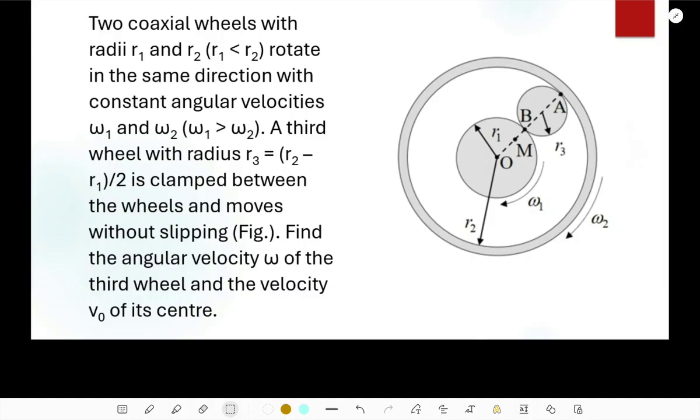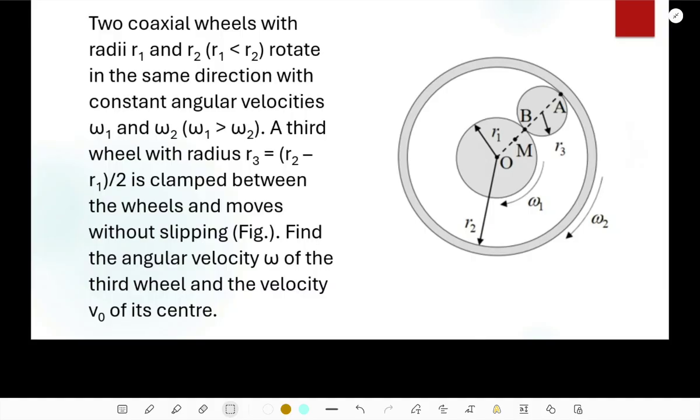The problem on the screen says two coaxial wheels with radii R1 and R2 rotate in the same direction with constant angular velocities omega 1 and omega 2.